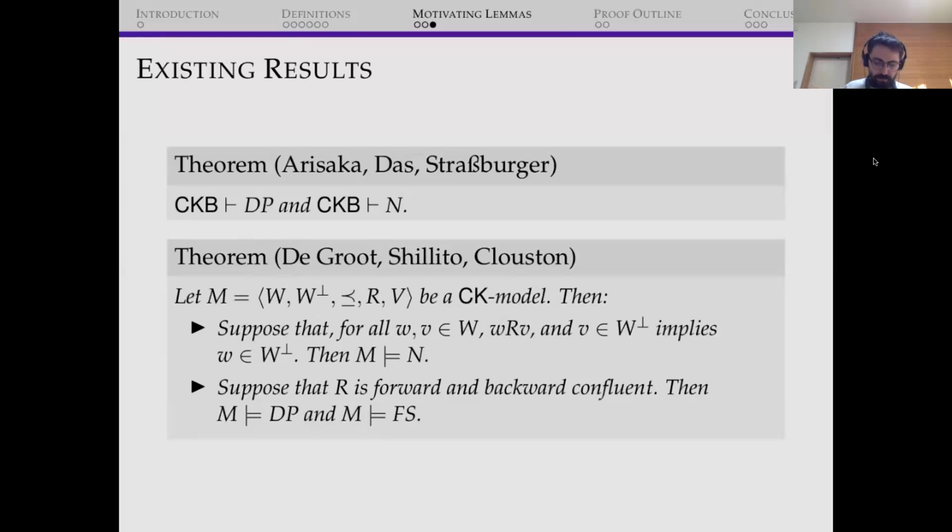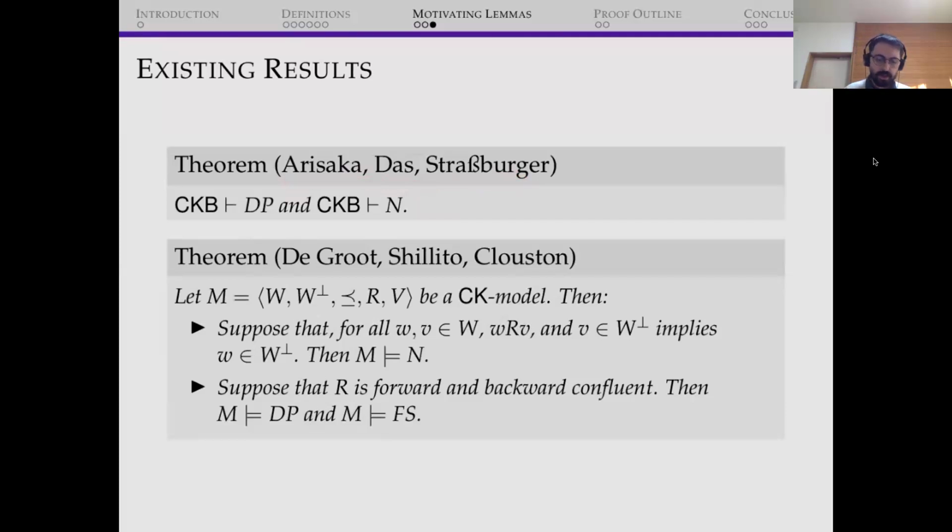Also, there's a paper by Arisaka, Das and Strassburger where they define a nested proof sequent for the modal cube of constructive modal logics and get some completeness with respect to the Hilbert style systems, no semantics.